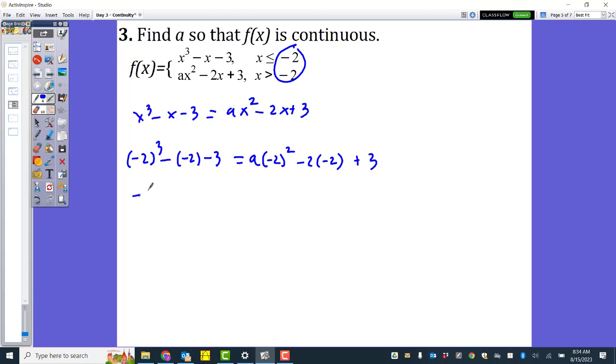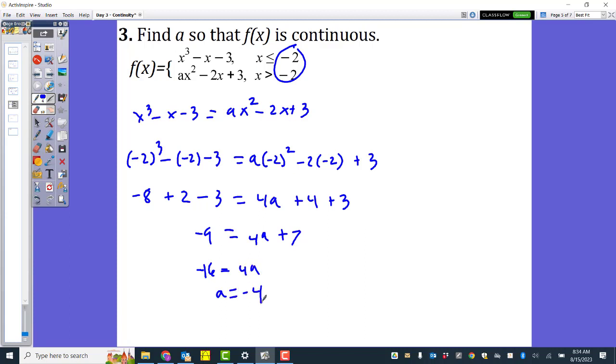So this is -8 plus 2 minus 3 equals 4a plus 4 plus 3. So it's -6 minus 3 is -9 equals 4a plus 7. Subtract the 7, -16 equals 4a, a equals -4. And there we go. We found a so that f of x is continuous.